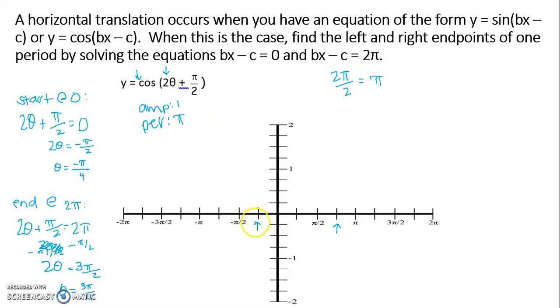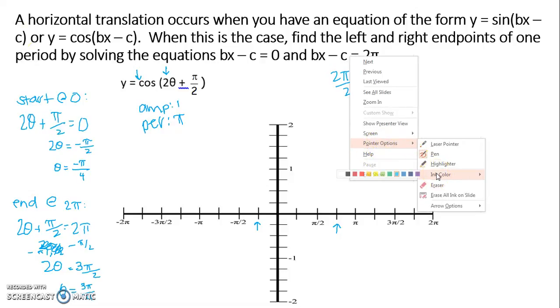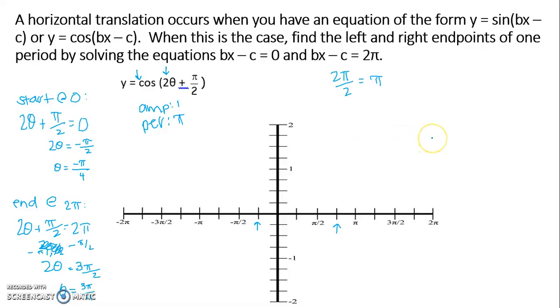If I look at my starting and ending points, from negative 1/4 pi to positive 3/4 pi, that distance is just 1 pi. So that makes sense. Switch back to green to get my first period.